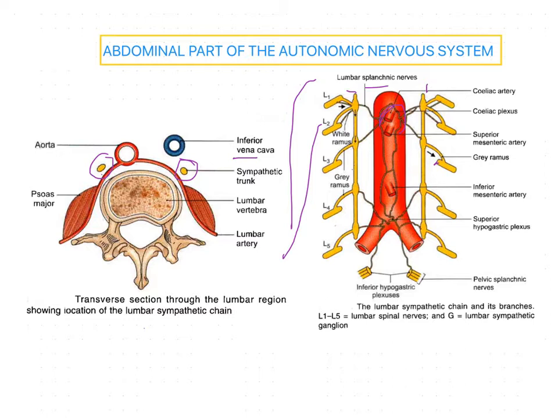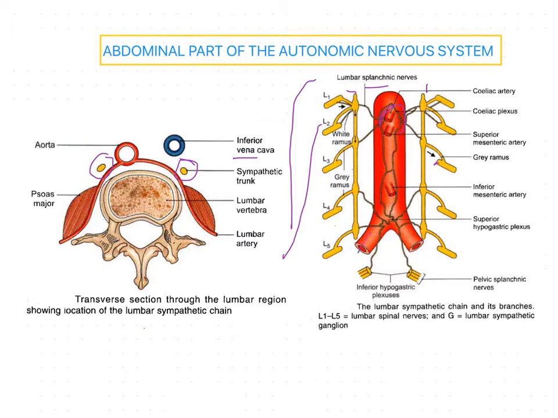The lumbar chain ends by becoming continuous with the sacral part of the sympathetic chain, behind the common iliac vessels.